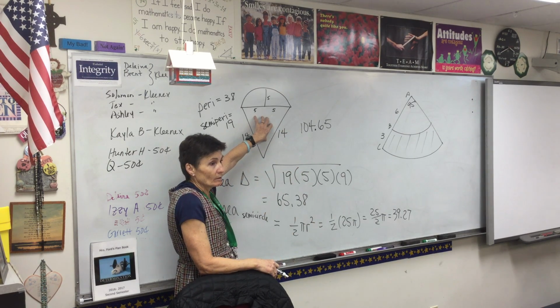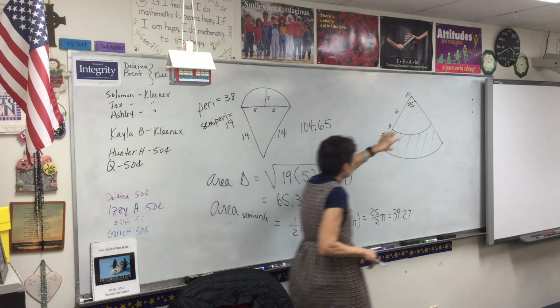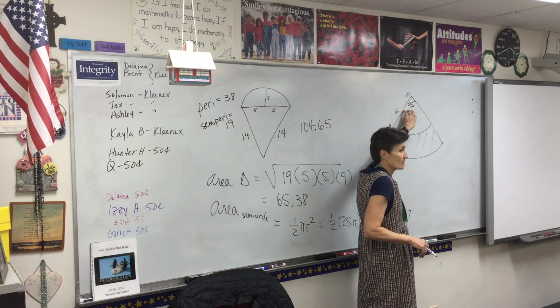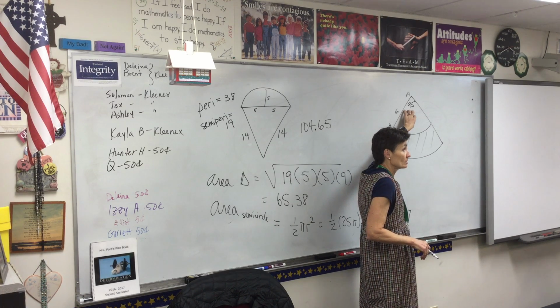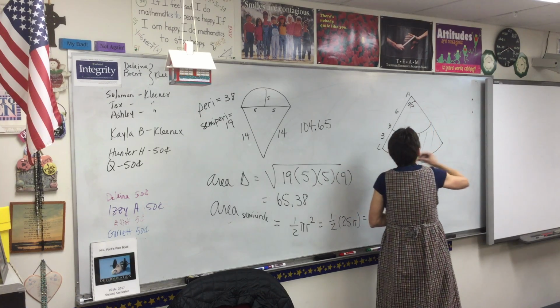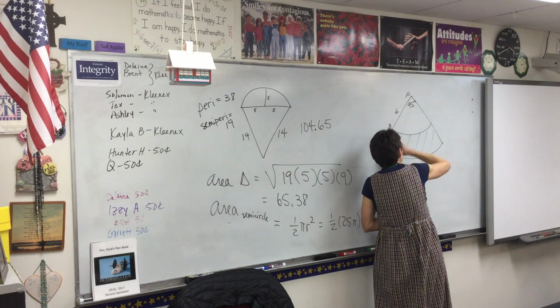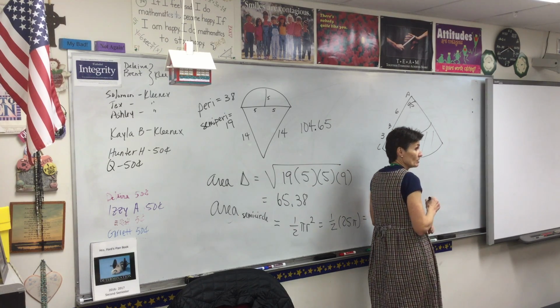This was a triangle. That was a semicircle. What's this? A sector. What is this? Isn't that another sector?